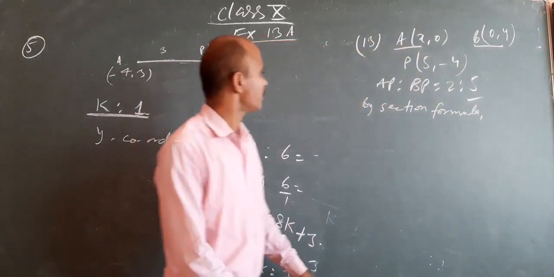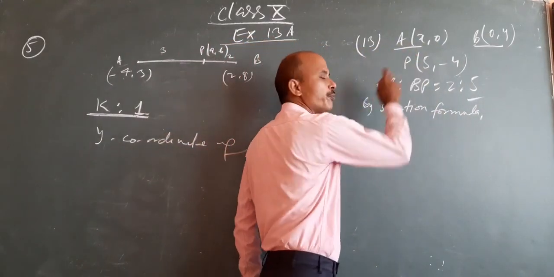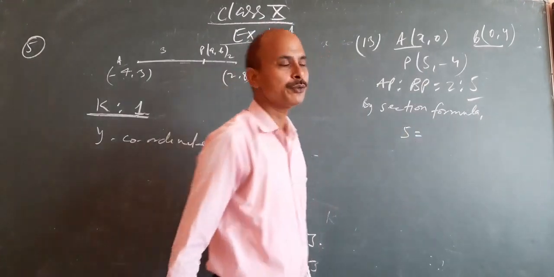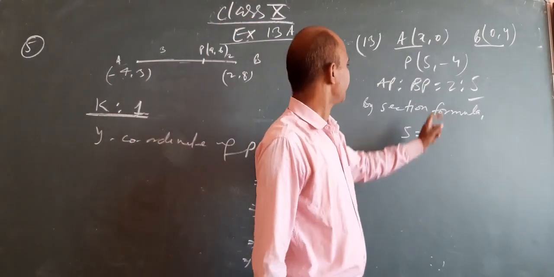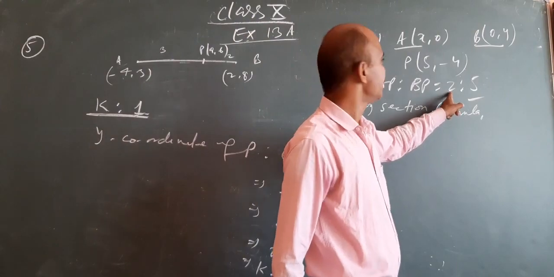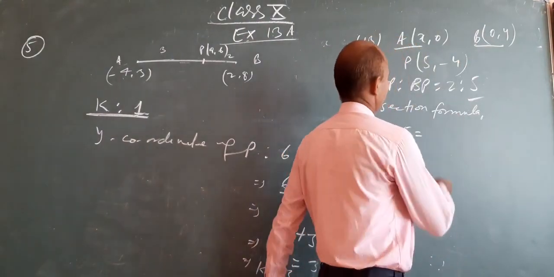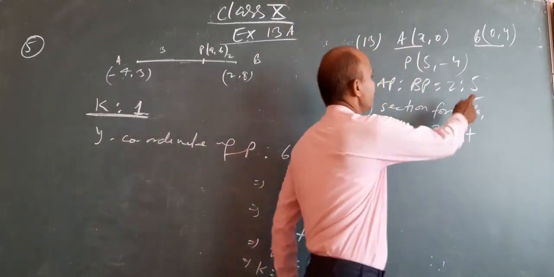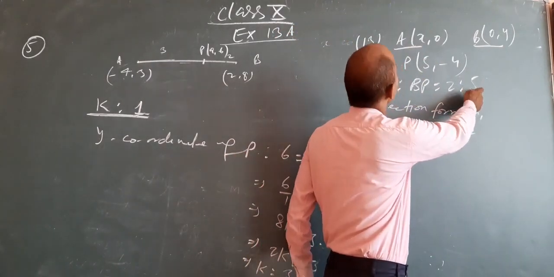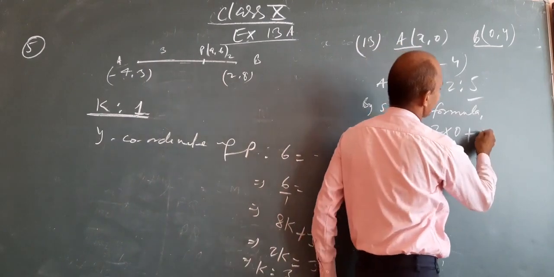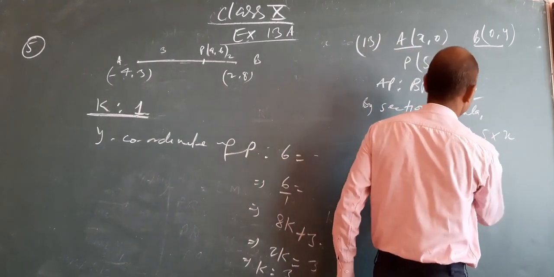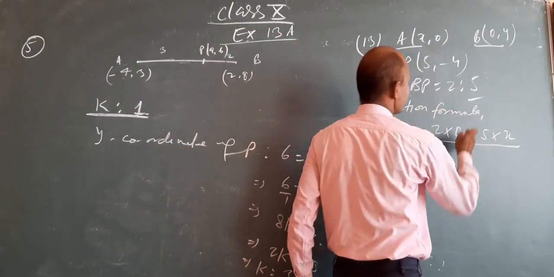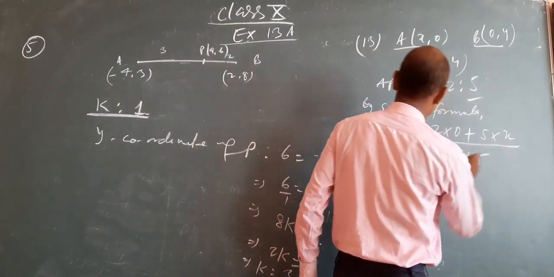By section formula, x coordinate of P, 5 is equal to m1 x2, this is m1, 2 into 0, plus m2, this is m2, 5 into x, by m1 plus m2, 2 plus 5.